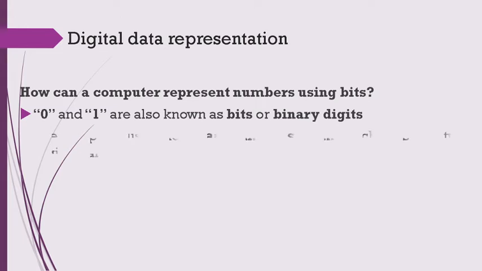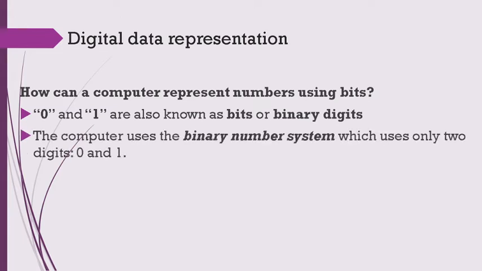The computer uses the binary number system, which uses only two digits, zeros and ones, just like what I said earlier. When we say zeros and ones, true or false, or on and off, mao na siya ang ginagamit sa mga digital devices right now.